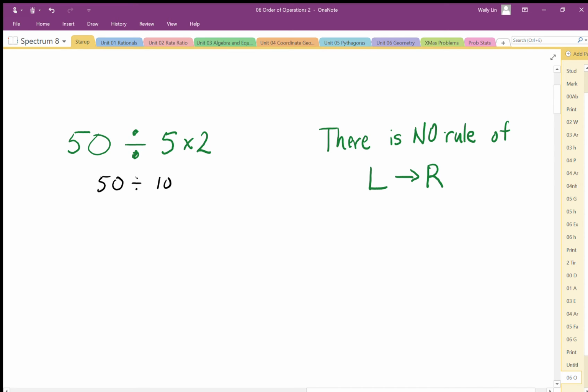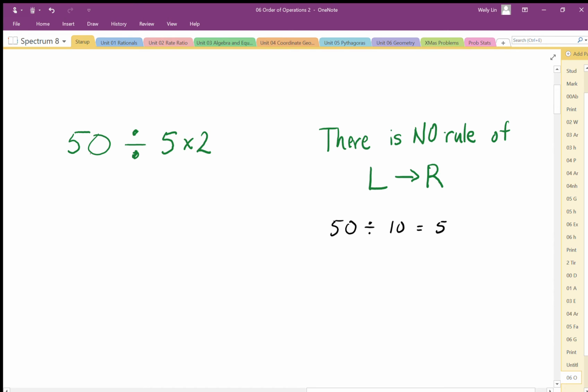And I should be allowed to do this, because times and divide, it shouldn't matter which order I'm doing it in. So 50 divided by 10 is equal to 5. So this should be a perfectly valid solution, because it should not matter which order I do times or divide.